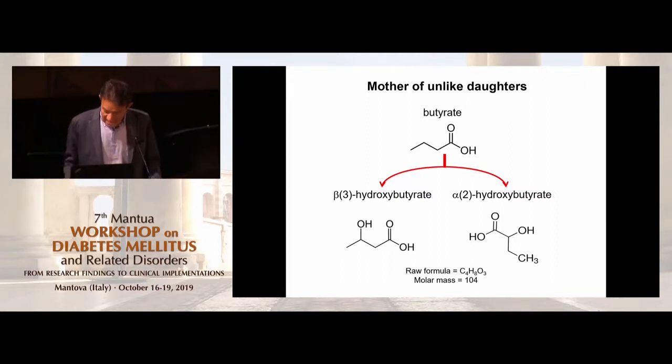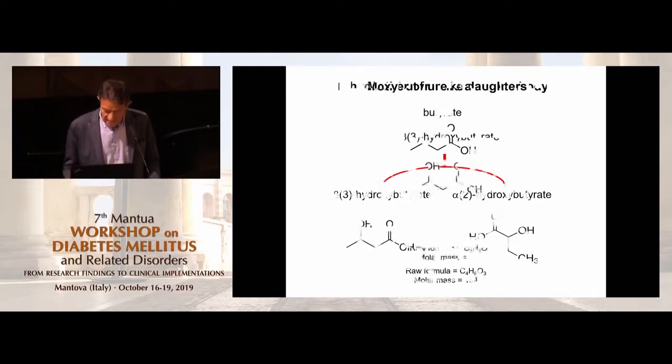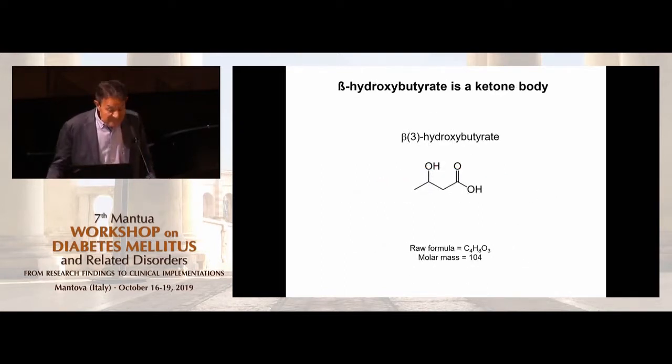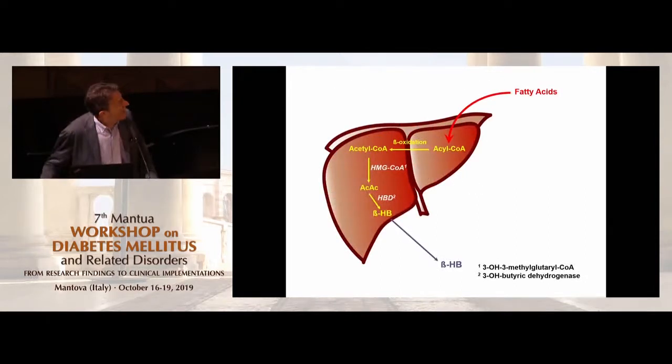However, if metabolism is not done and over with, beta-hydroxy or 3-hydroxybutyrate is a ketone body. And ketone bodies are principally made in the liver, but also in the kidney to an extent that we've not been able to measure in humans.